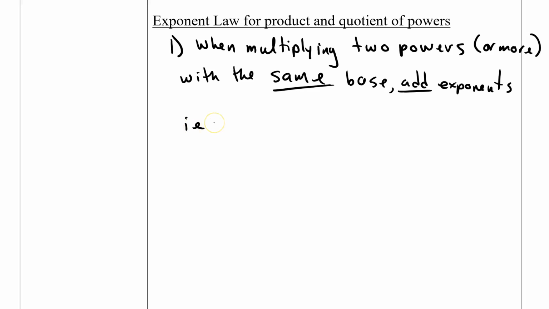So I'm going to get a little bit more abstract here. A to the power of m times a to the power of n. So we both have the same base. We have a as our base there. That is the same thing as a to the m plus n, where a cannot equal 0. So the base can't equal 0, but for every other number that is given to us, that works.